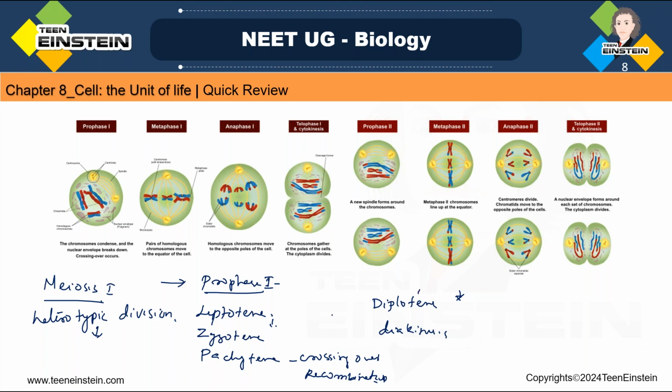After this long process of prophase 1, the cell will move to metaphase 1. In metaphase 1, what is happening? The chromosomes are arranged at the equator and there is maximum condensation of chromosomes. Then it moves to anaphase 1. Anaphase means you can see the movement of homologous chromosomes towards opposite poles, and the chromosome number becomes half.